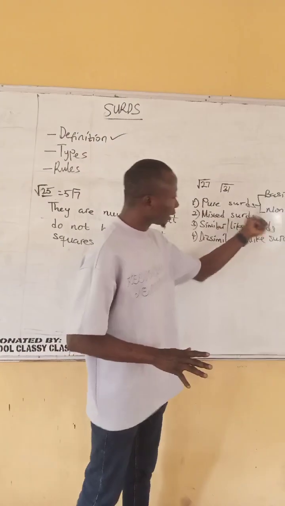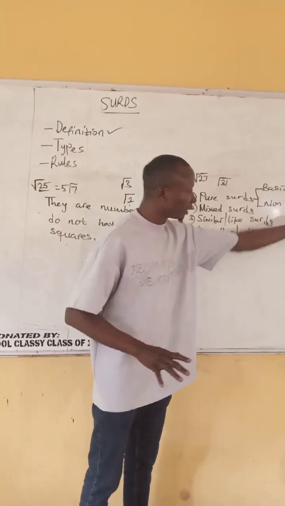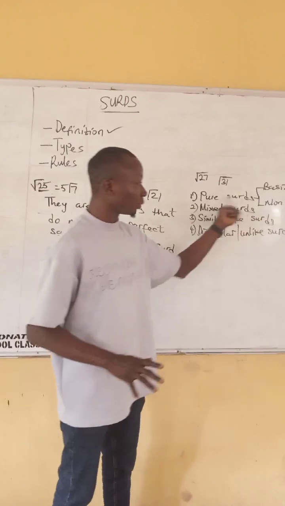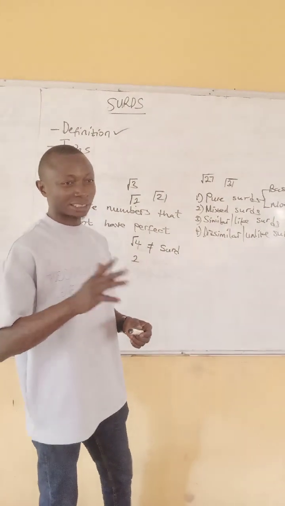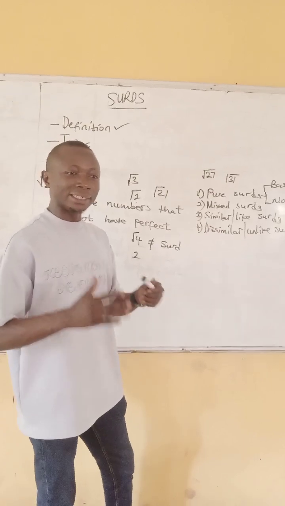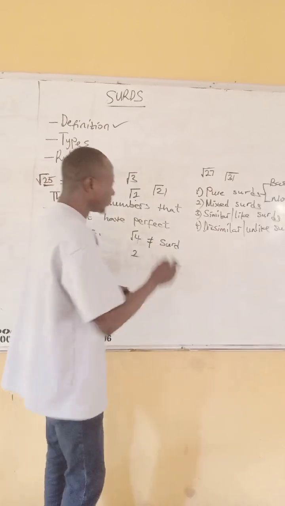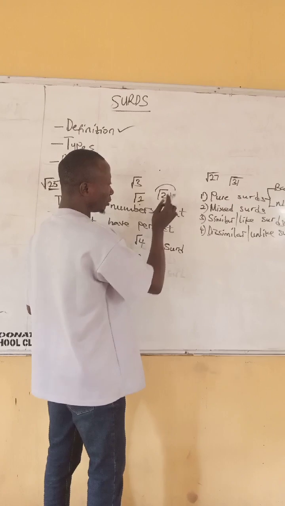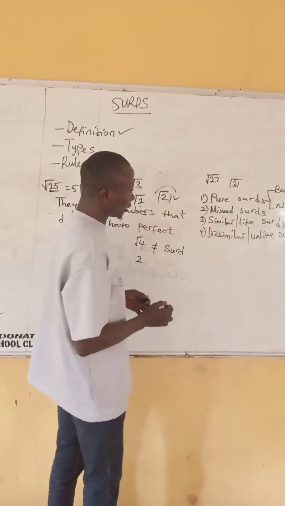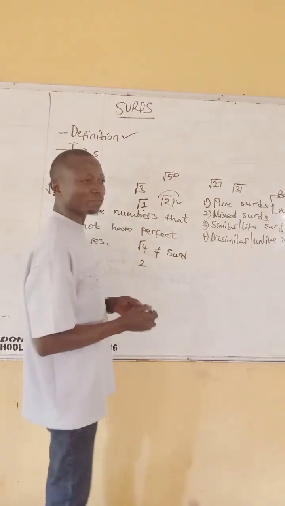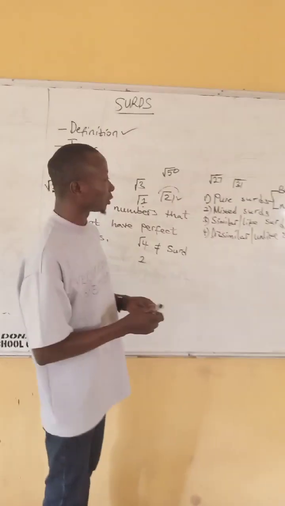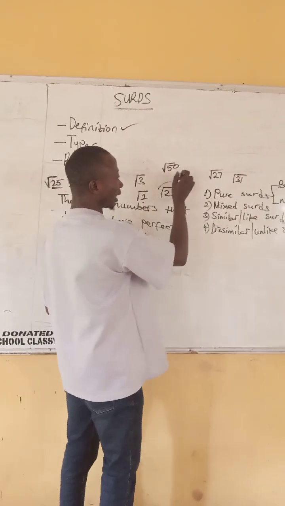But the other one, the non-basic, is another form of pure surd. Non-basic surds are surds that are not in their simplest forms. That is, they can be broken down and simplified. Like root 21 is basic. Like root 50, root 50 is a non-basic surd because it can be simplified.